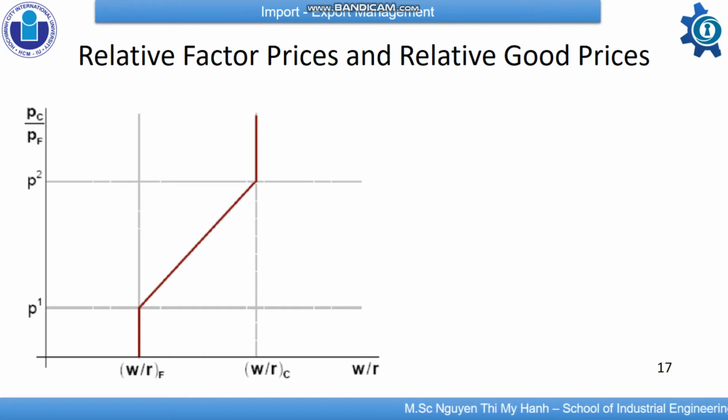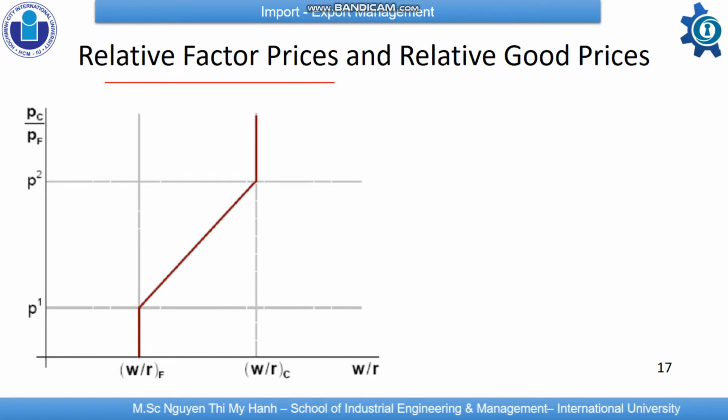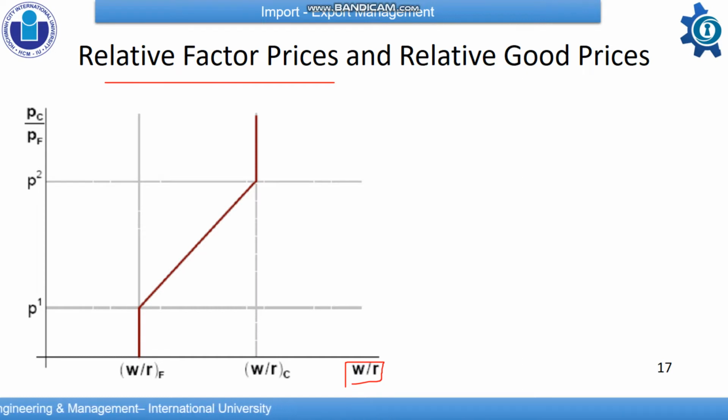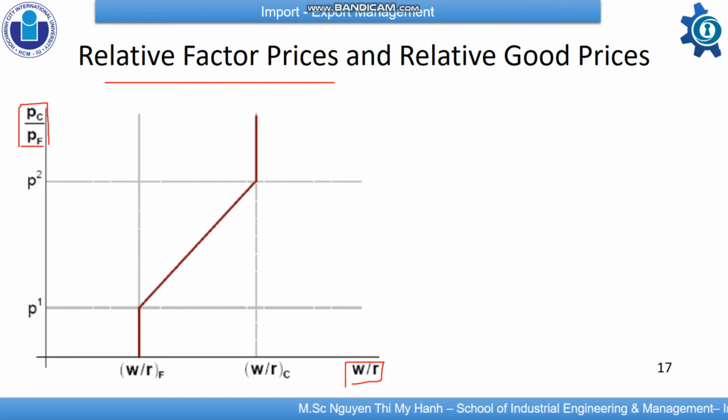And here is the relationship between relative factor price. Here is the relative price of labor to the capital, and the relative good price of cloth to food.